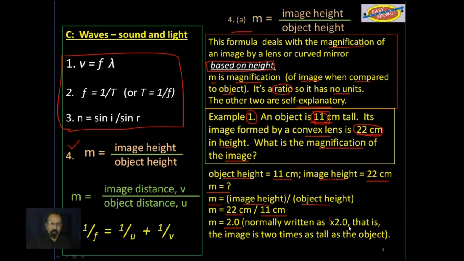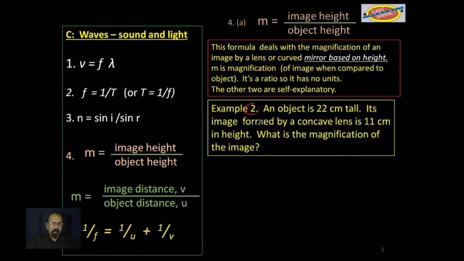Normally, you would see that written as times 2.0. That is to say, the image is 2 times as tall as the object. Or you could state it like this if you want to be more precise. So that is example 1 in using formula 4.